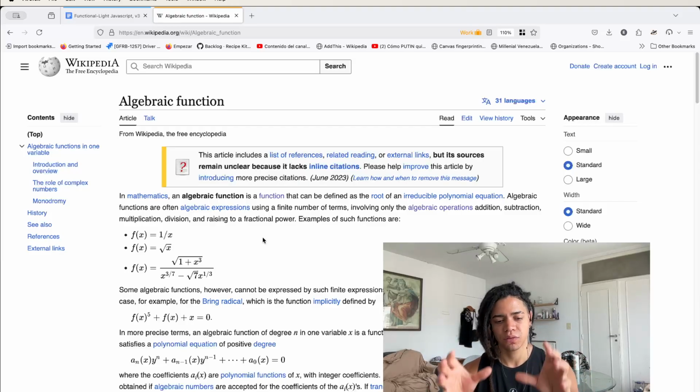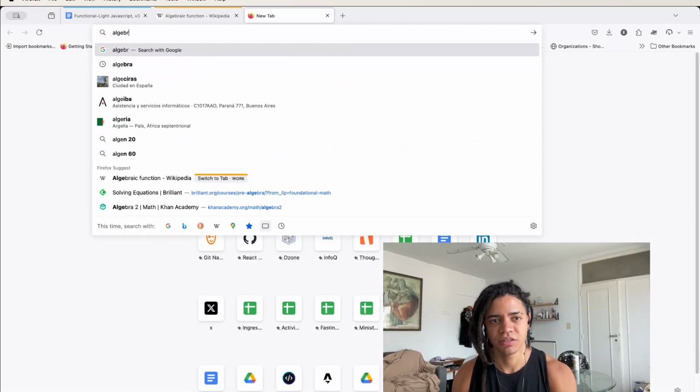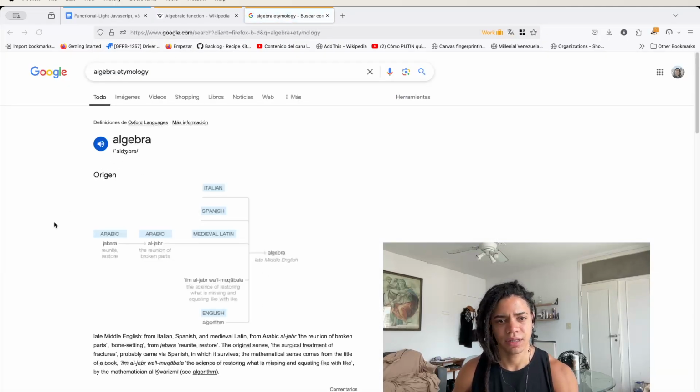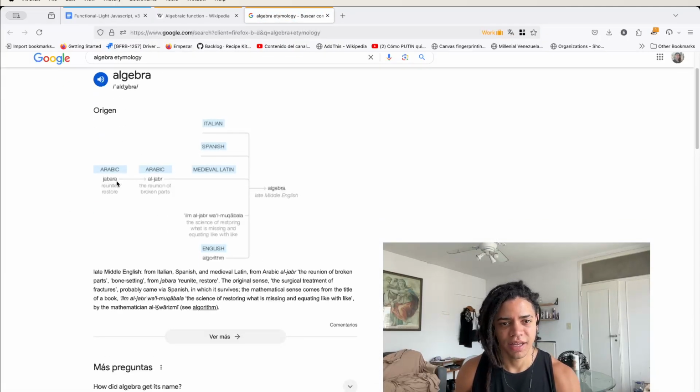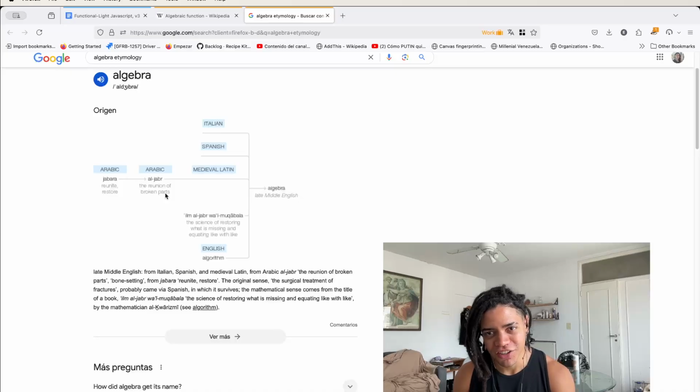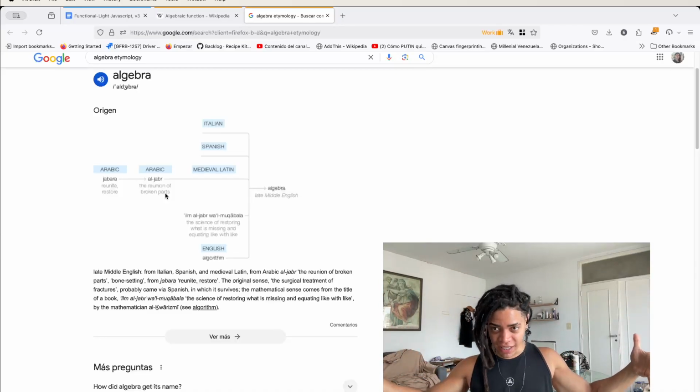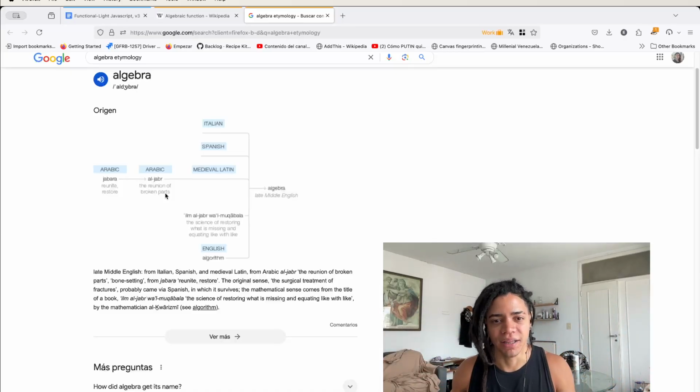What does algebra stand for? Algebra, etymology. That's right. Interesting: reunite, restore, the reunion of broken parts. So we have all of this different stuff here, split them, and how can you now combine them together? Algebra. Oh my God, medieval.